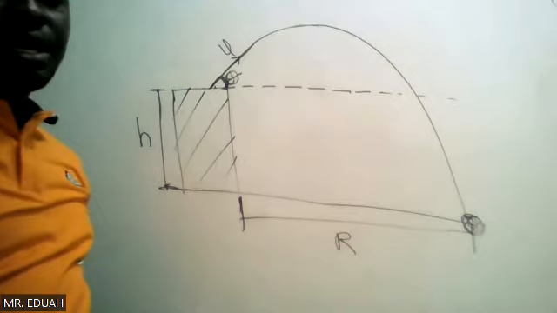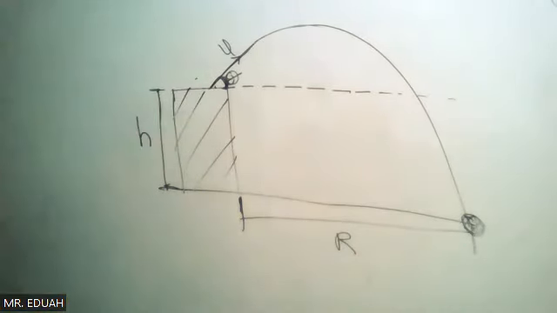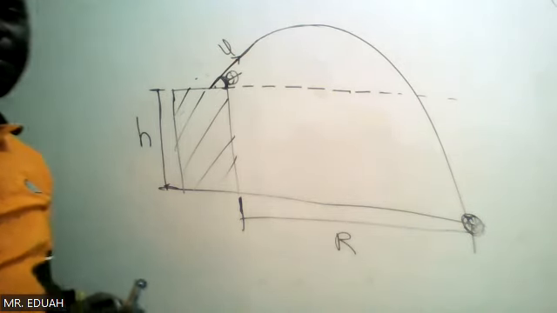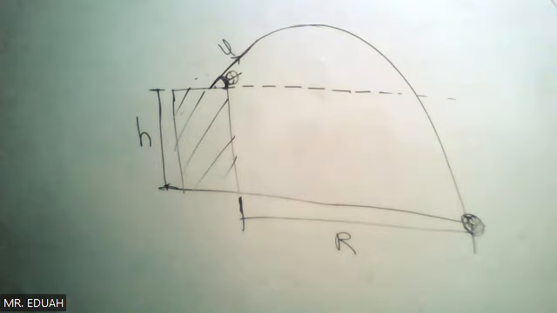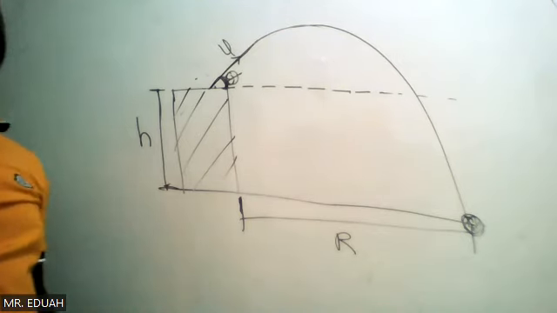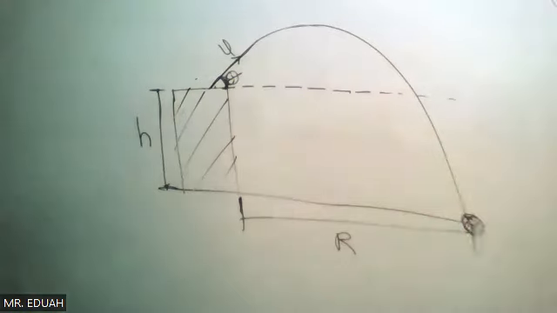Okay? So what is the total distance? What is the time of flight as usual? How do we determine these important details? And then the range.